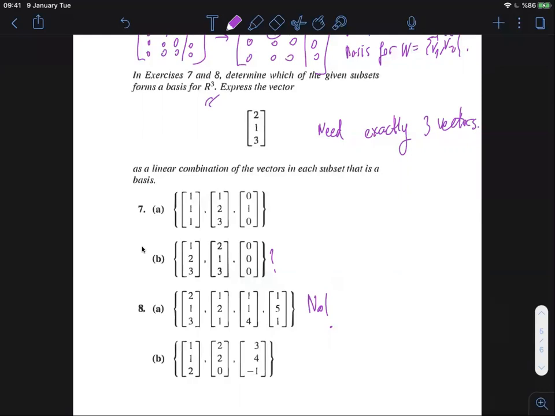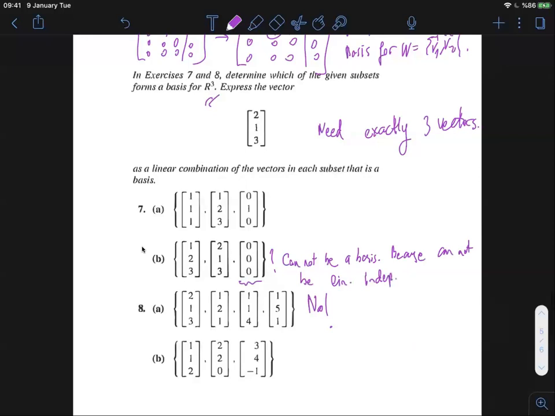So this cannot be a basis, because we have the 0 vector here, and once you have the 0 vector, that set can never be linearly independent.